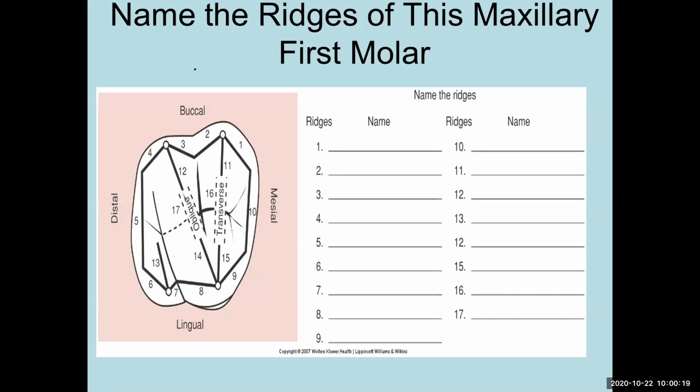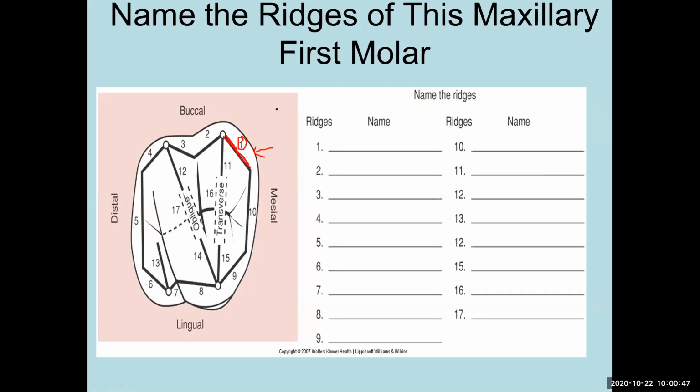So I want to know what is number one. If you had to label this. A contact point? The contact point would be here. Asking what this is right here.